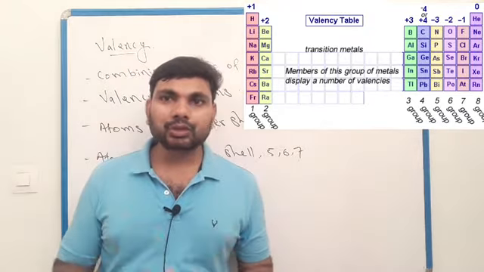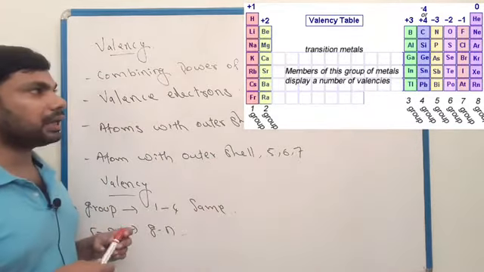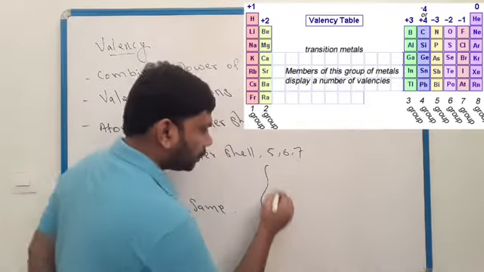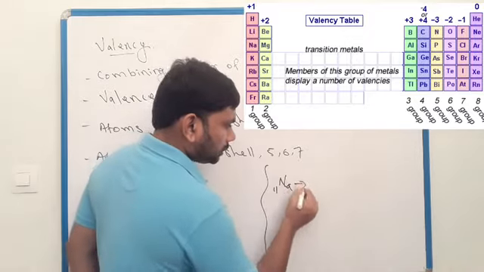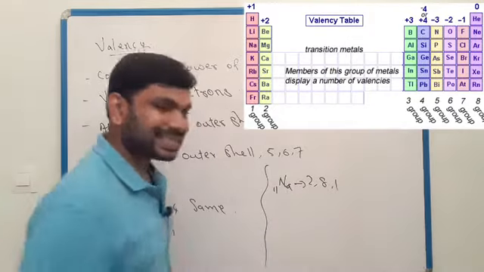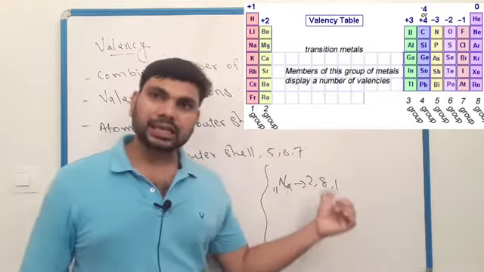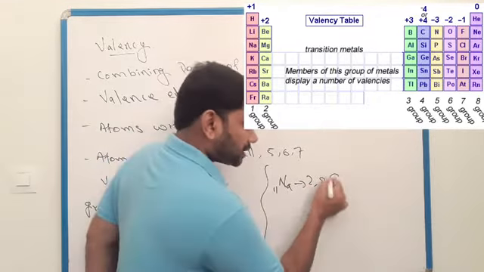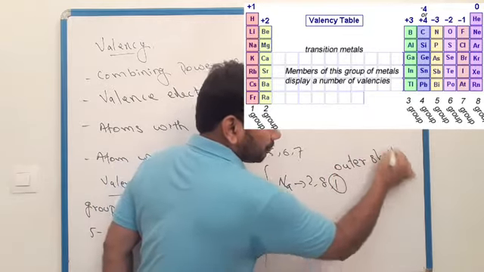We did electronic distribution, electronic structure. For example, we did before sodium, atomic number 11. It is 2, 8, 1. This is the electronic structure. First shell 2 electrons, second shell 8 electrons, third shell 1 electron. This is the last shell. The last shell is called the outer shell.